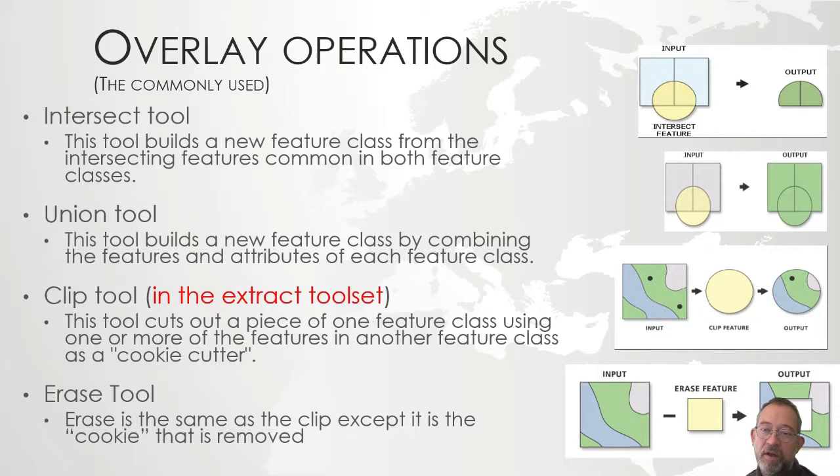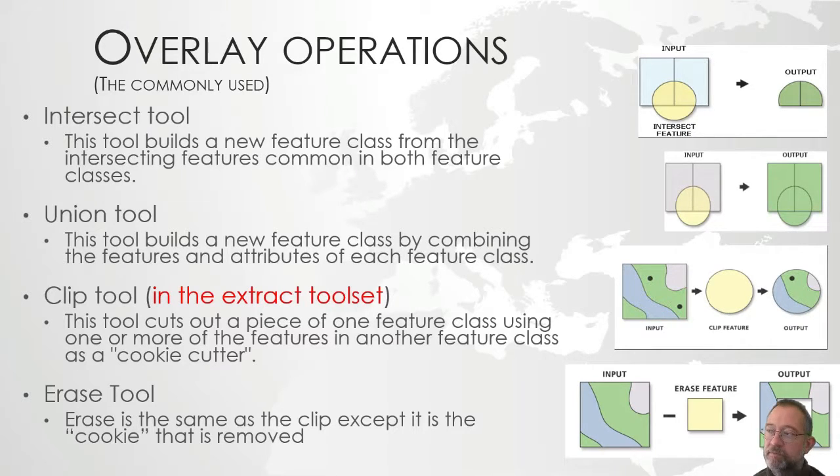The intersection tool creates the intersection of two or more sets, where each set is a layer in our map, and it finds all those areas that are covered by all the layers that are included in the intersect. So it's the intersection of the coordinates of all the layers.